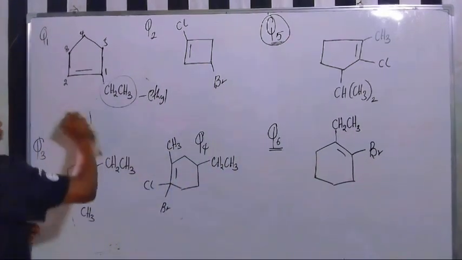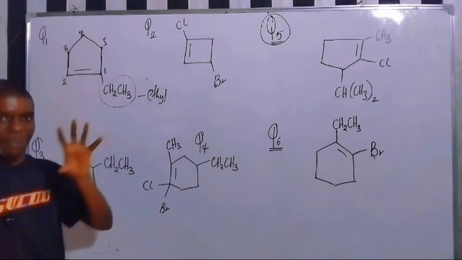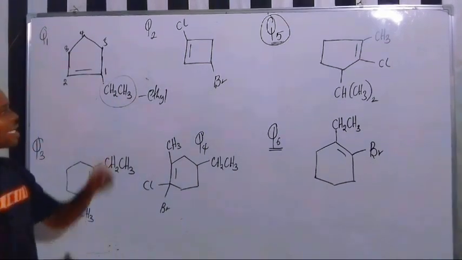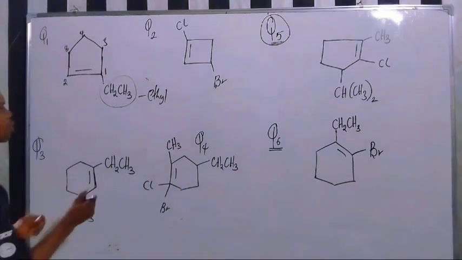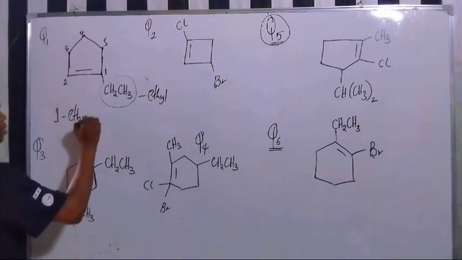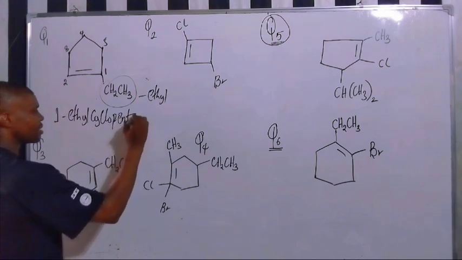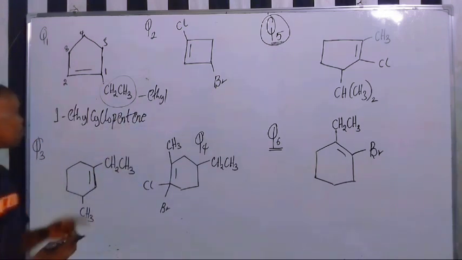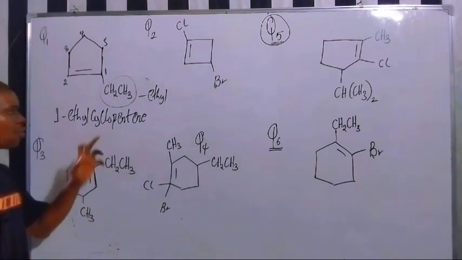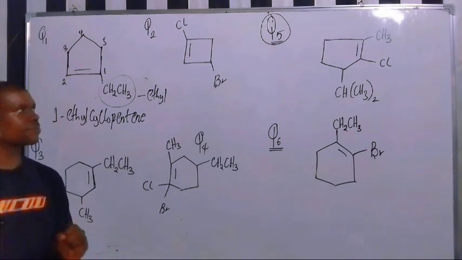So remember the parent is cyclopentene, right? Ethyl is on carbon number 1, so it's going to be 1-ethylcyclopentene. That is the name. As easy as that. Do you understand?